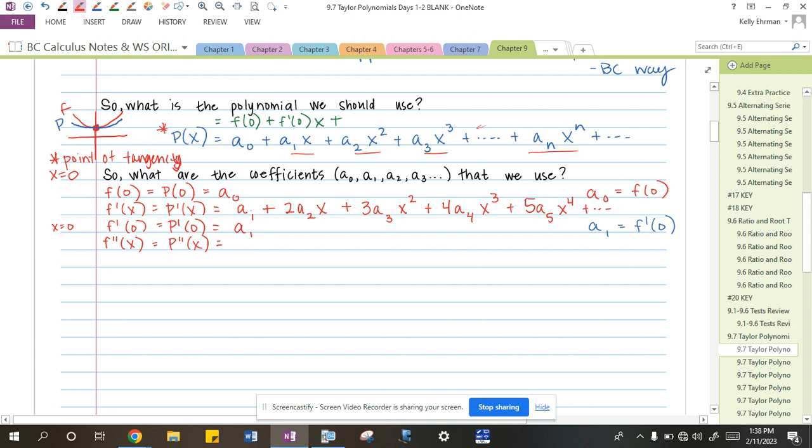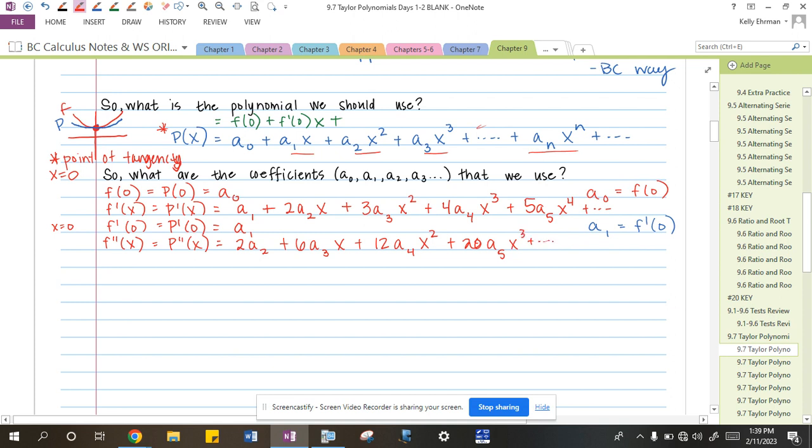All right, so take a derivative of that constant, and that goes away. And then you're going to get 2a2 times 1. And then power rule again, you're going to get plus 6 times a sub 3 times x, plus 12 times a sub 4 x squared, plus 20 times a sub 5 x cubed, plus dot dot dot.